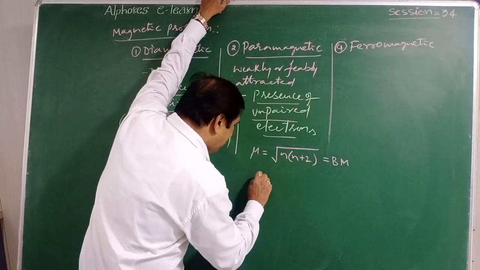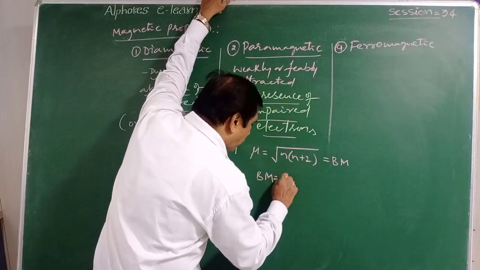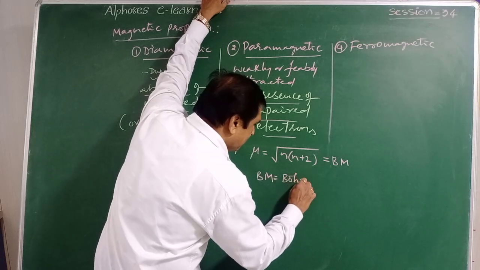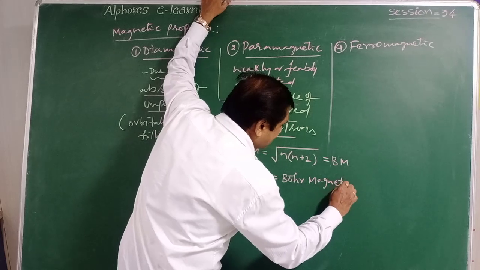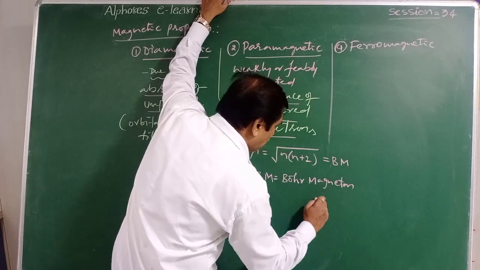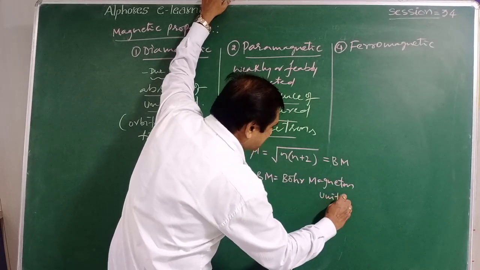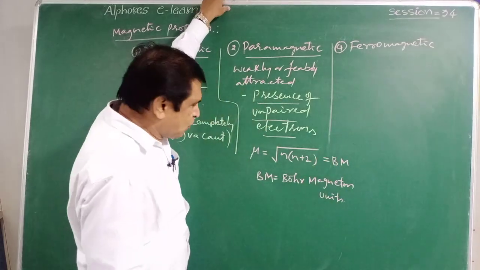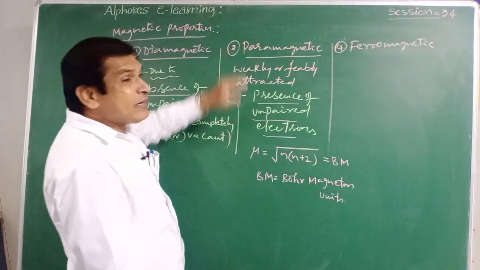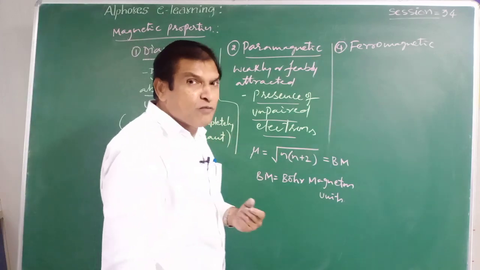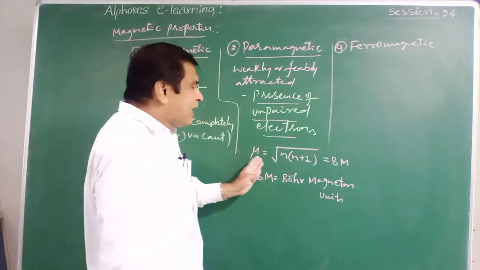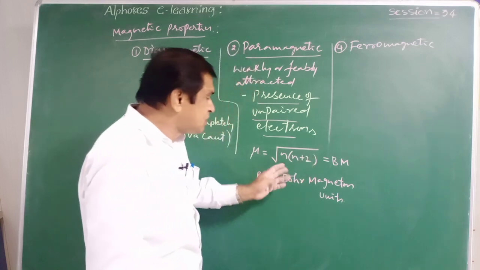What is BM? BM is nothing but Bohr magneton units. It is expressed in Bohr magneton units. So the magnetic moment of paramagnetic substances can be calculated using this expression, this equation.